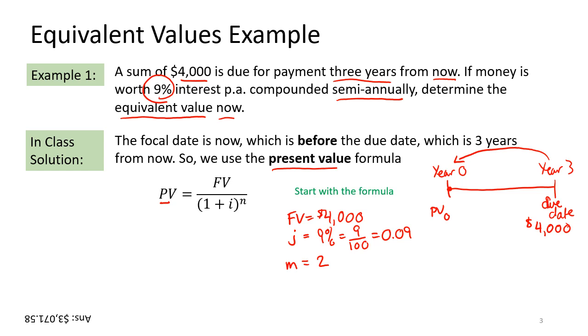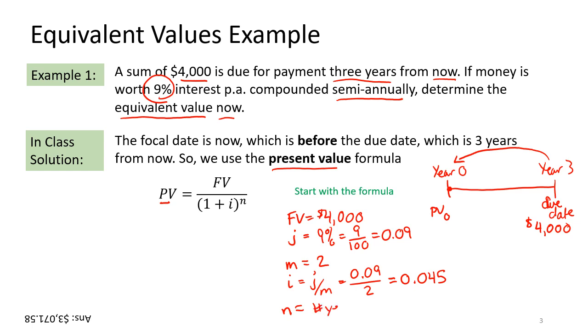Now we can calculate our periodic interest rate, which is equal to j divided by m, which is 0.09 divided by 2, because we have 2 compounding periods per year, which is equal to 0.045.